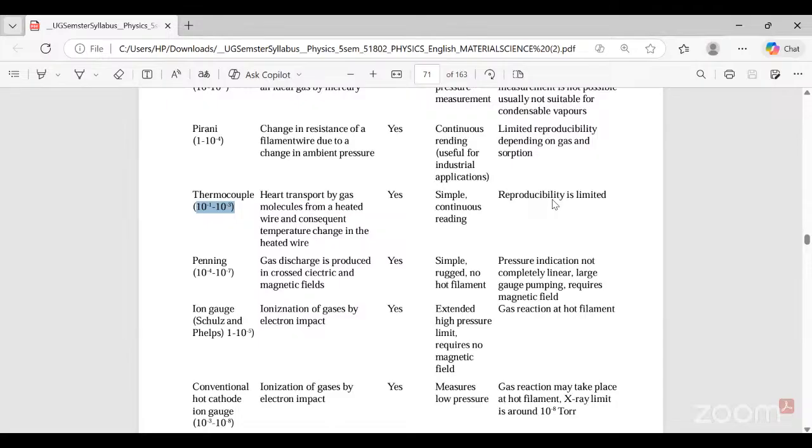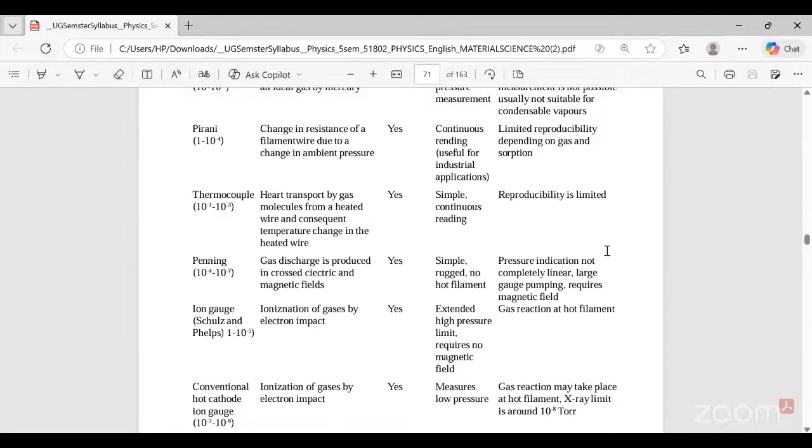The Penning gauge can measure pressure from 10 to the power of minus 4 to 10 to the power of minus 7 torr. The main disadvantage in this case is that the pressure indication is not completely linear, there is gauge pumping, and it requires a magnetic field. A magnetic field is compulsory.